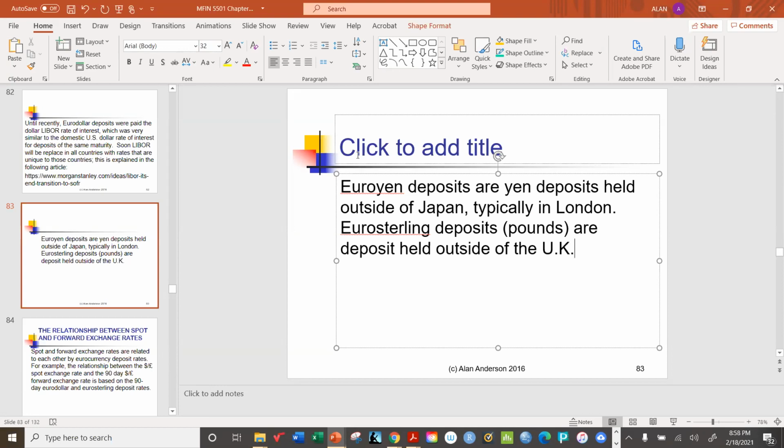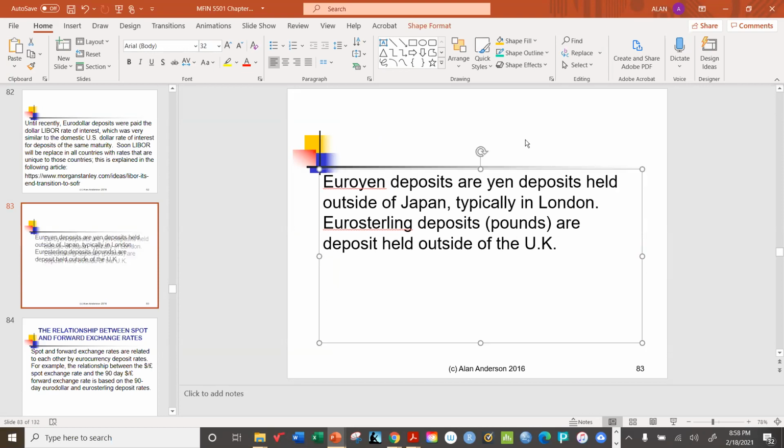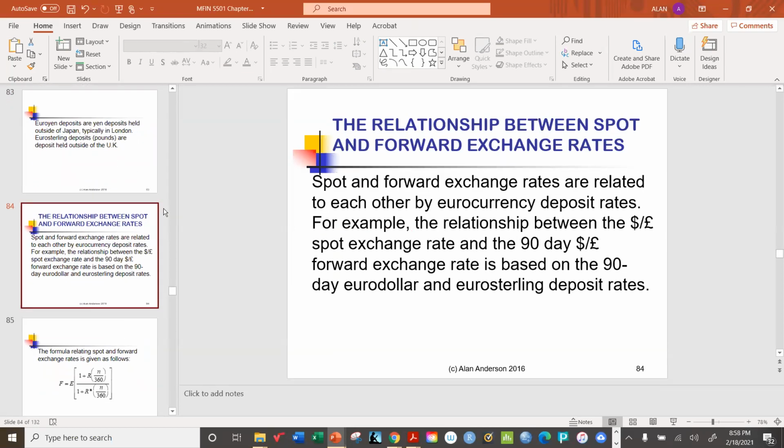And so in our model that we're about to look at of the relationship between spot and forward exchange rates, we're going to use these rates of interest in that formula. Okay, so that's what this is all about. We need to know those rates in order to calculate the correct relationship between the spot and the forward exchange rate.